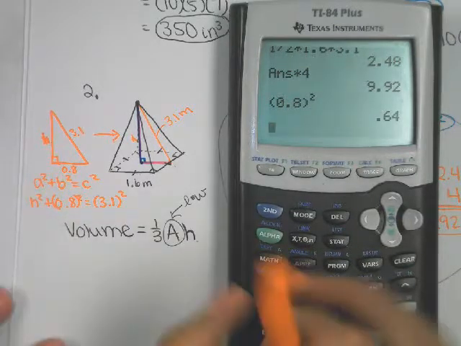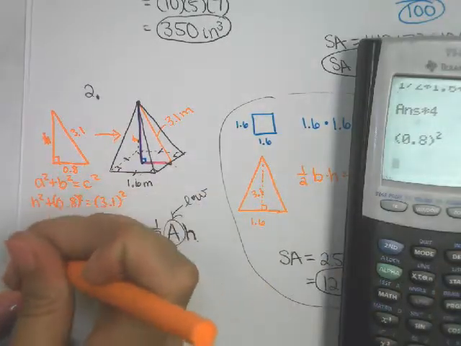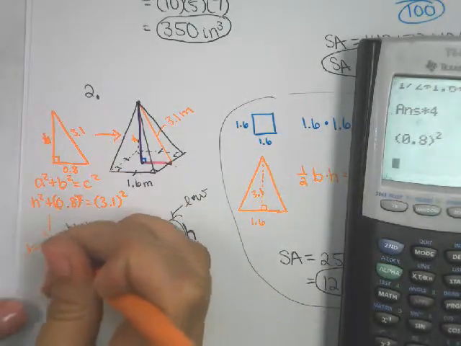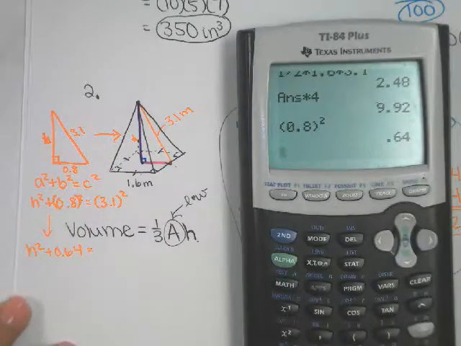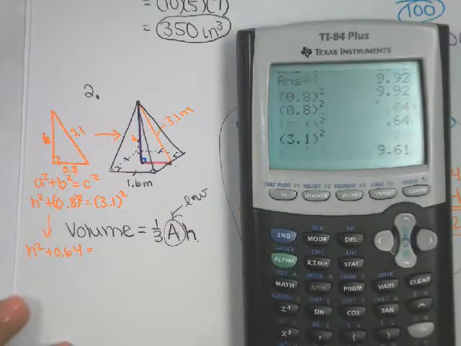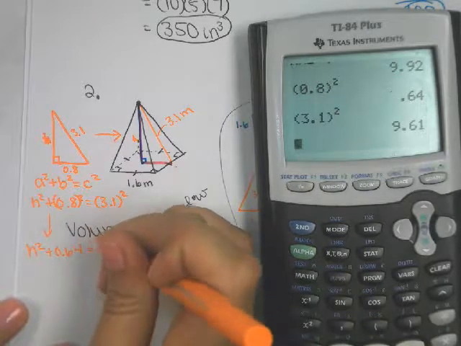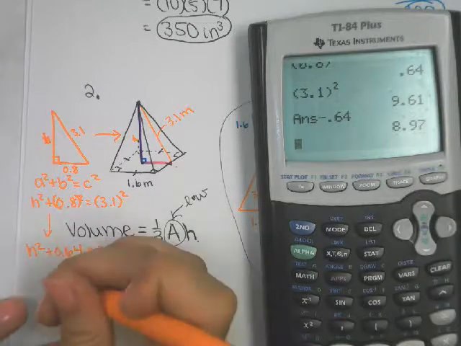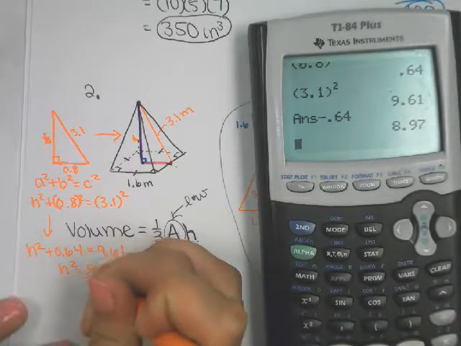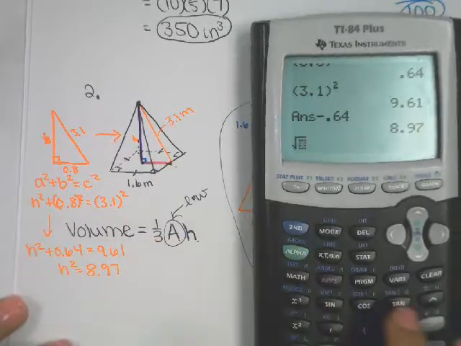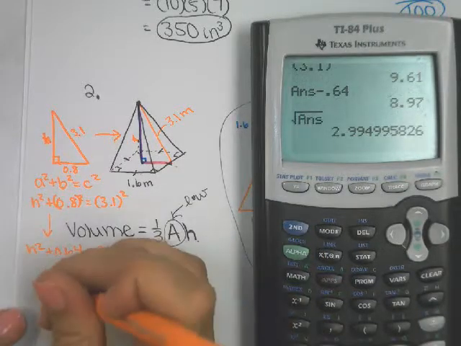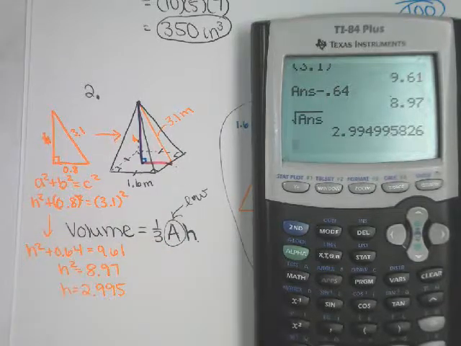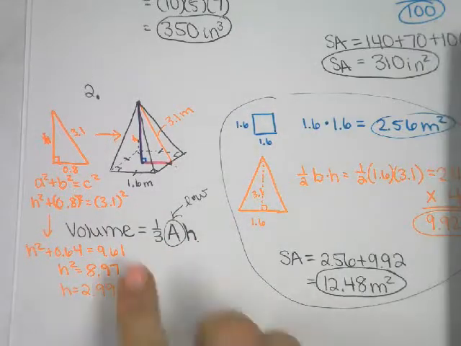There we go, 0.64 for that. We're going to square 3.1, 9.61, subtract the 0.64 over, h squared equals 8.97, and then we square root. So our height is 2.995, okay?